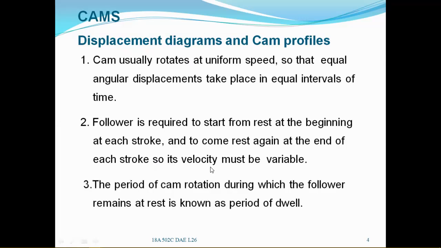And also the dwell definition we have completed in the previous lesson only. That is stationary period. The follower is nothing but the period of dwell or angle of dwell, we can say.